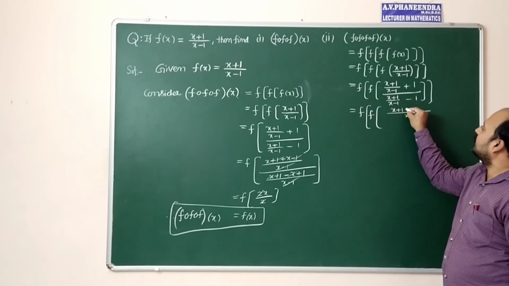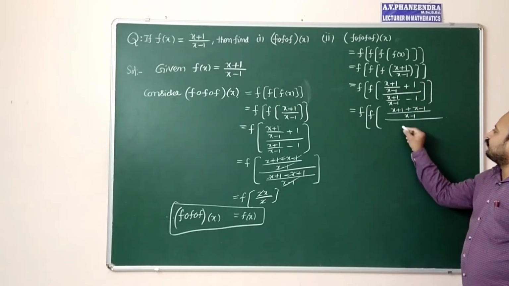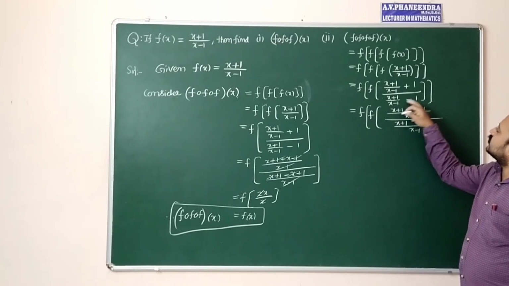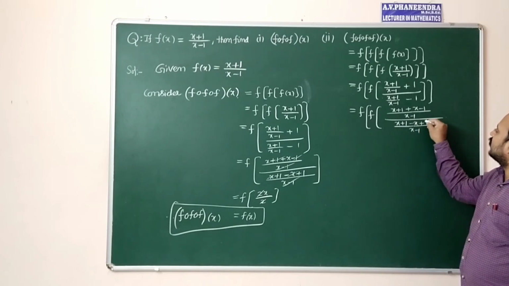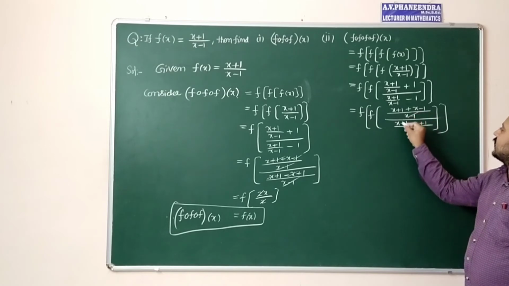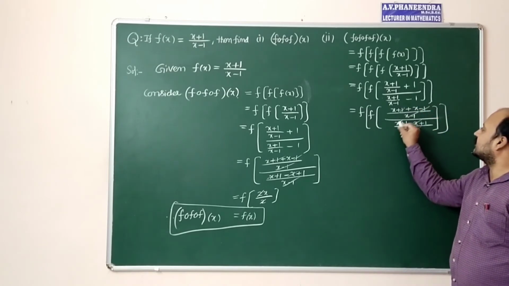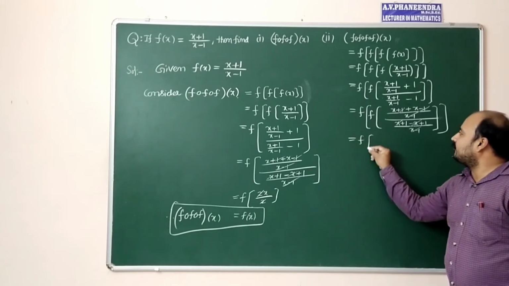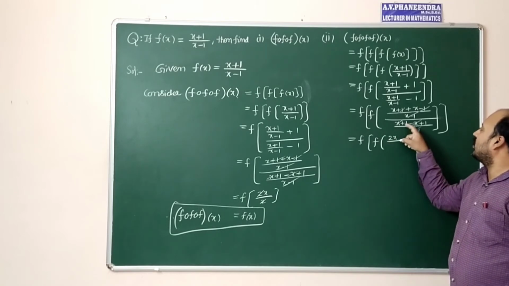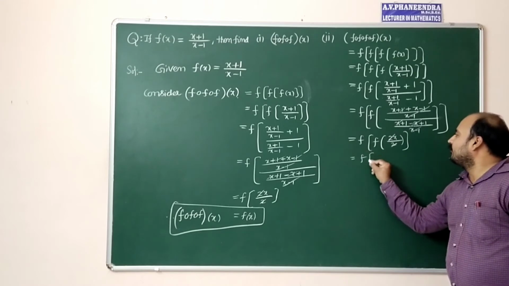So x plus 1 into x minus 1 is x minus 1 whole divided by x minus 1 is the LCM here, x plus 1 minus 1 into x minus 1 minus x plus 1. So here x minus 1 gets cancelled, minus 1 plus 1 gets cancelled, minus x plus x gets cancelled. So f of x plus x is 2x divided by 1 plus 1 is 2. So 2 gets cancelled. f of x.